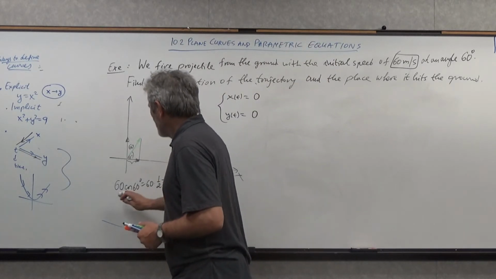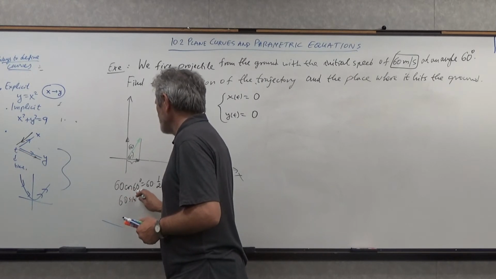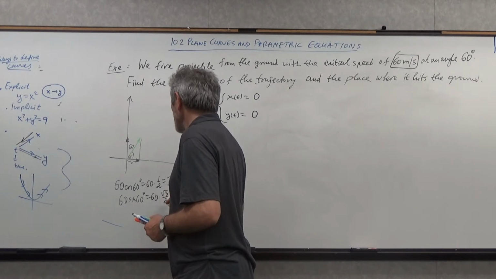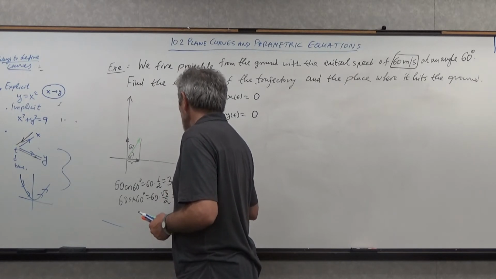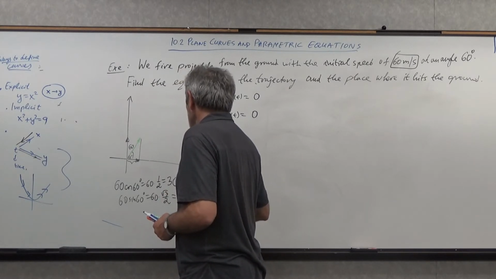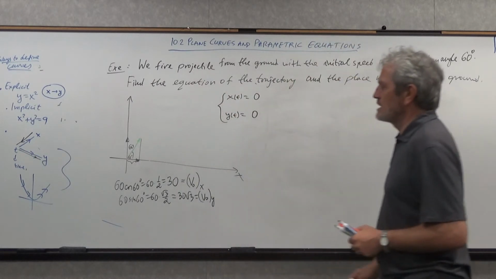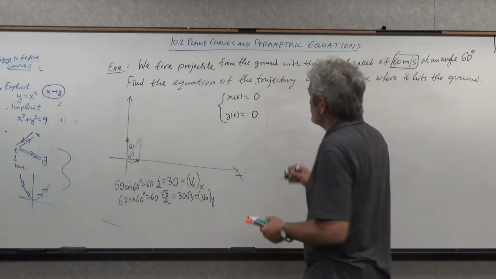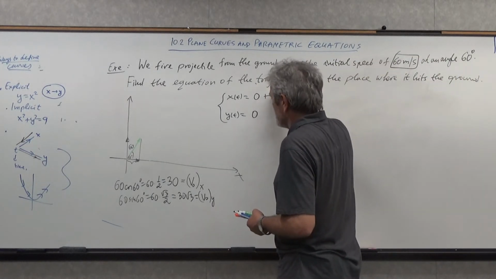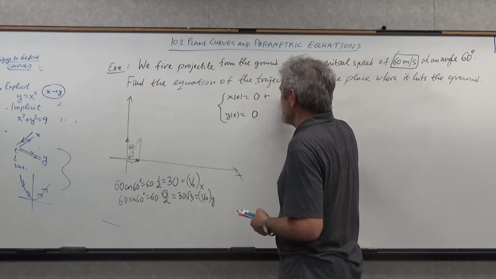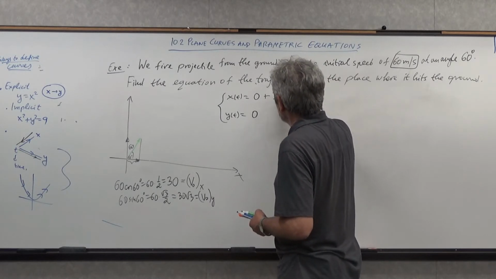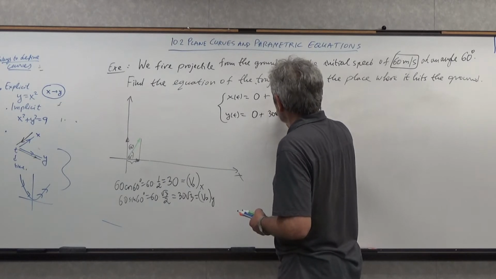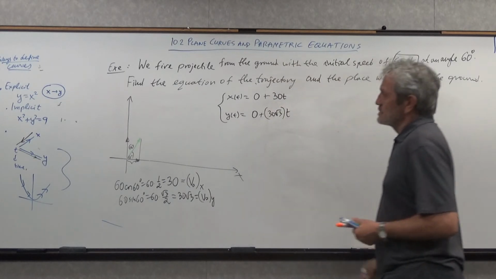And then 60 sine 60 is 60 times root 3 over 2, which is 30 root 3. That's V0, y component. And then if you move along the straight line, that would give you x would be 30t. And y would be 30 root 3 t. So what is this?